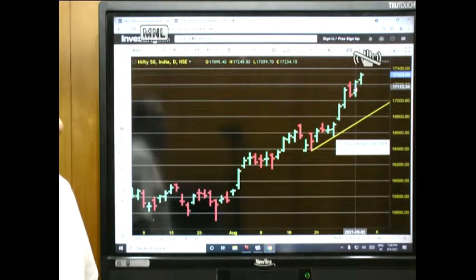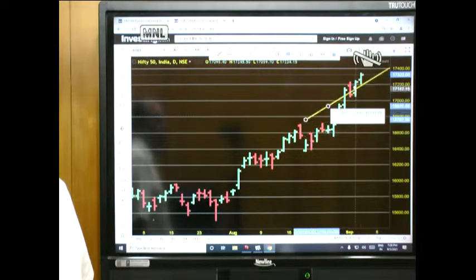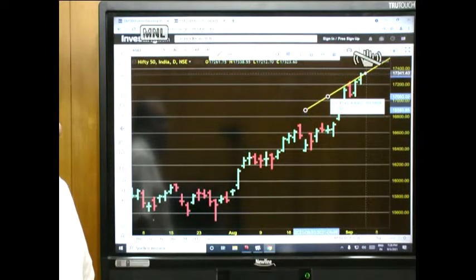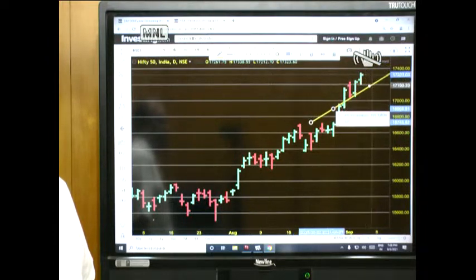But generally speaking, you will have good support or resistance coming on these parallel lines. Now today it exceeded. In a bull market, normally the upper level can get exceeded. Since this got exceeded, we should now have a good support coming closer to this place.